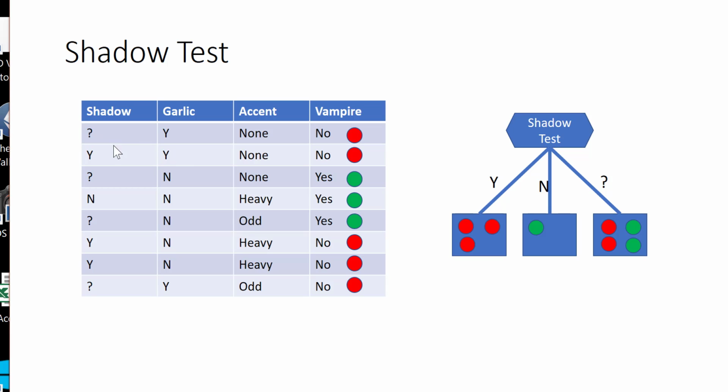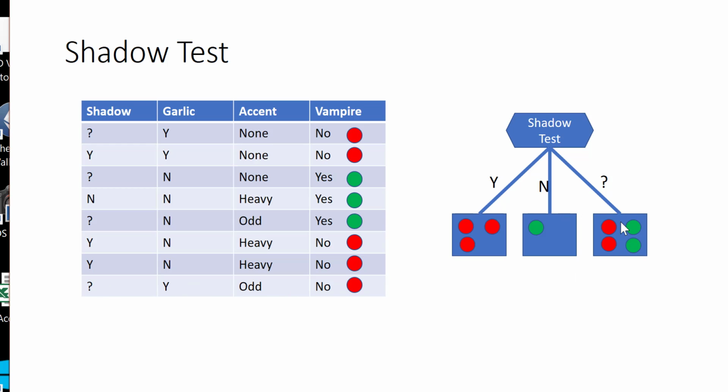In this case, the shadow test gives a no over in the left-hand box here, this yes. Okay. And then question mark again, and this time a green. So we've got a red and a green in the right hand now. And let's just go down with the question marks first. Here we've got another green, and finally the bottom row with a question mark, we've got another red.